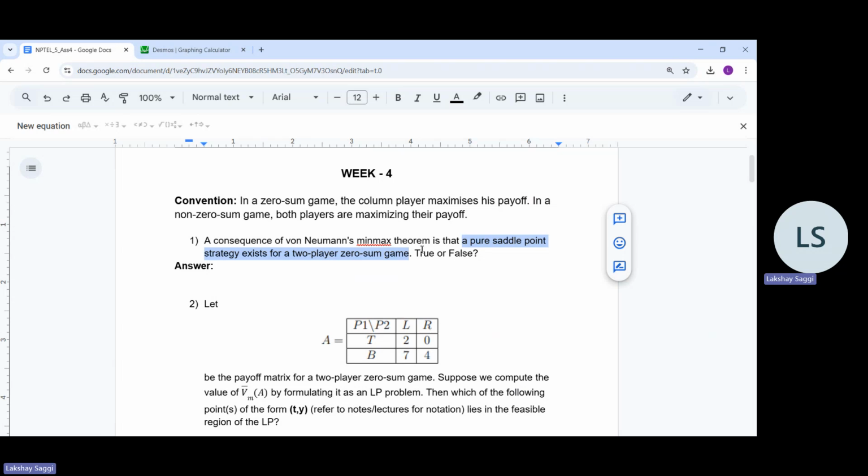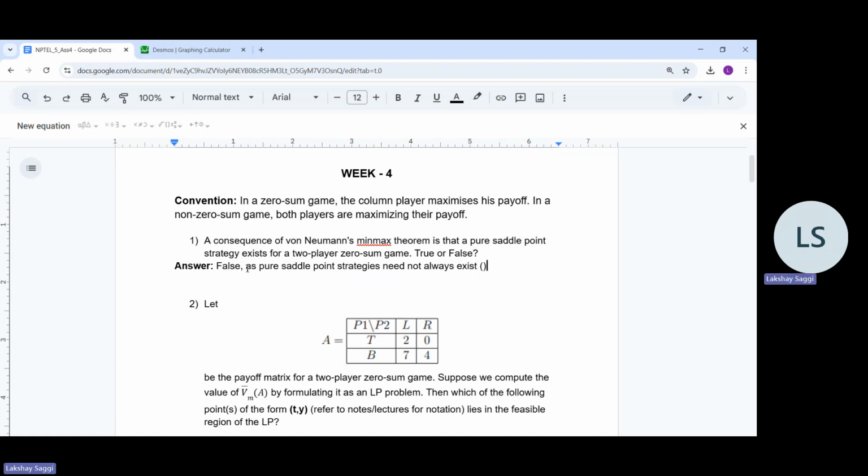It is possible that a pure saddle point strategy does not exist, but what von Neumann showed is that a mixed saddle point strategy will always exist. And this is an important part. So actually, this statement is false, because pure saddle point strategies need not always exist.